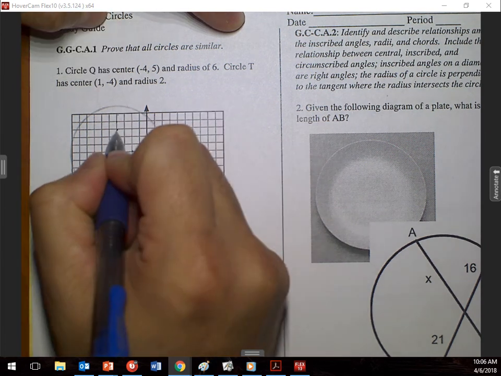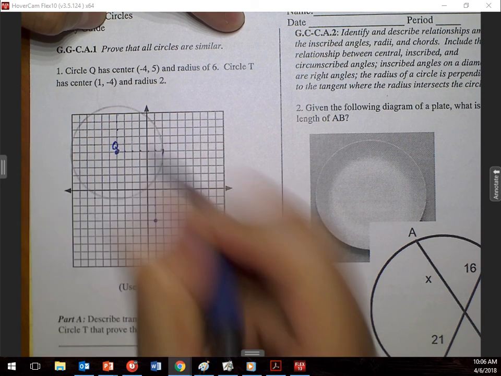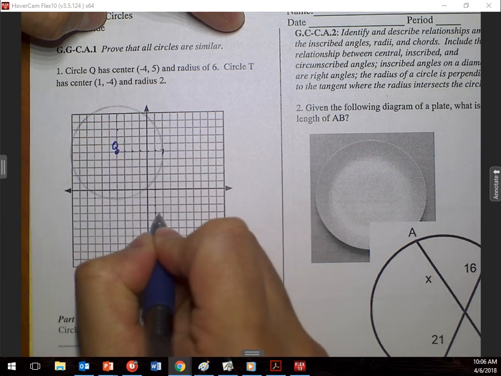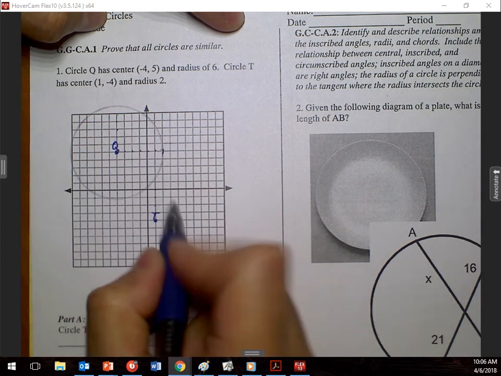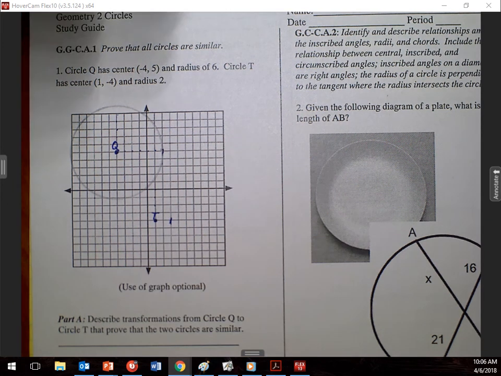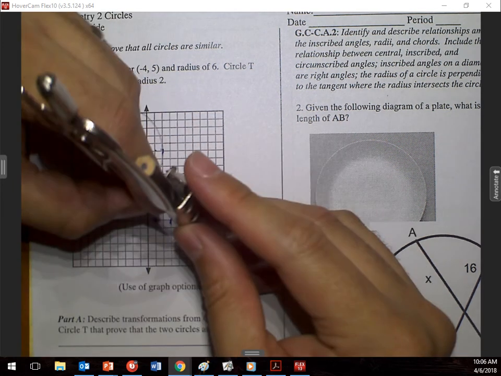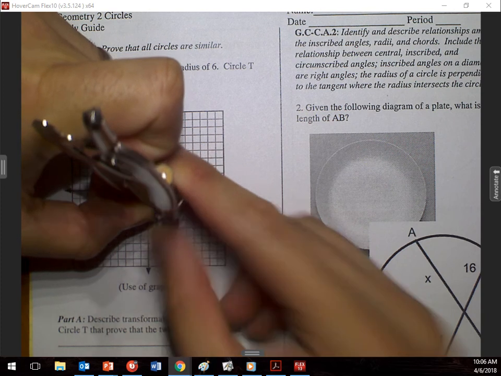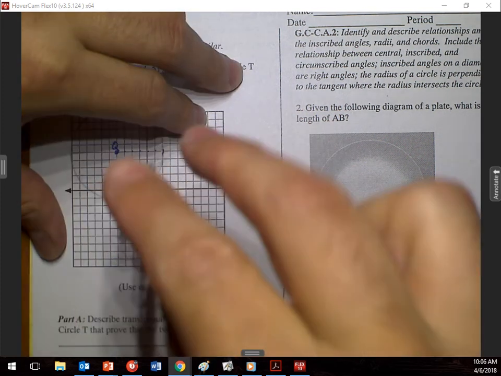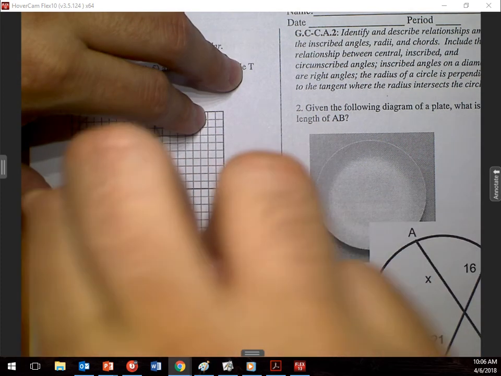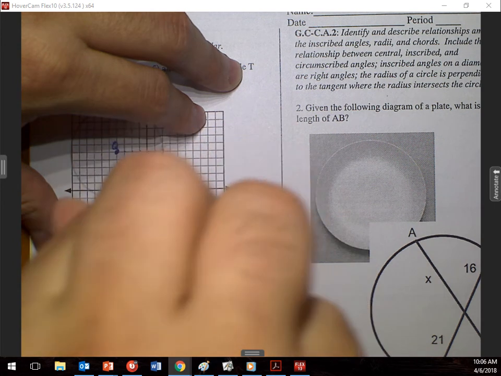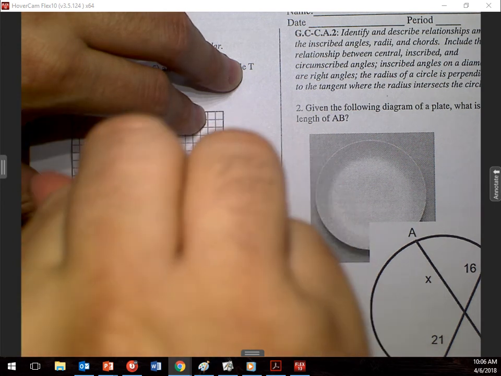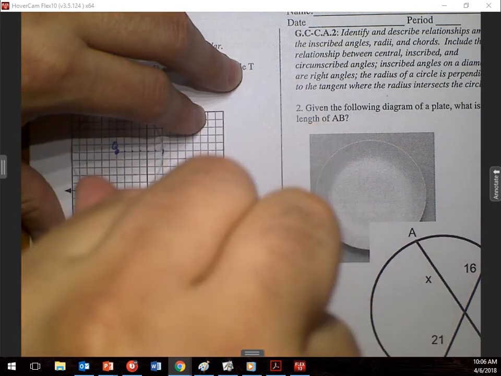So this was circle Q. This is circle T, and radius of 2. This is going to be a pain to draw.